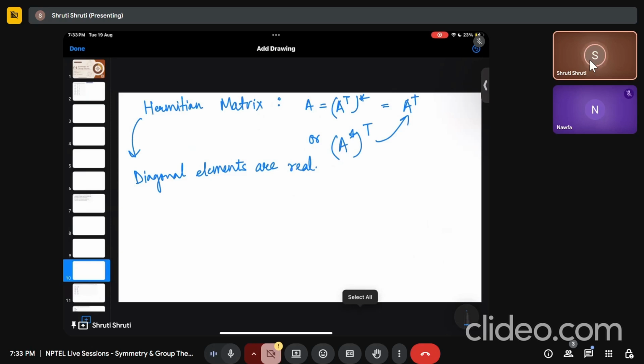So I'll just let you know this thing, that in quantum mechanics we use operators. Suppose in classical mechanics, if you want to calculate momentum, how do you do it?